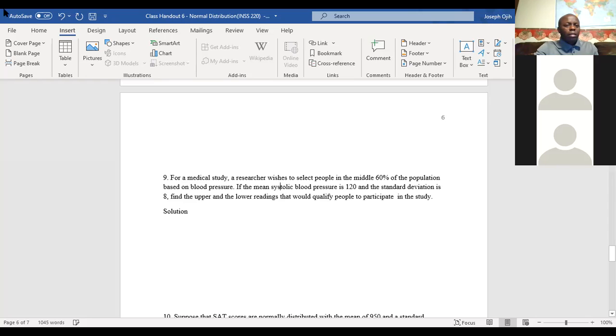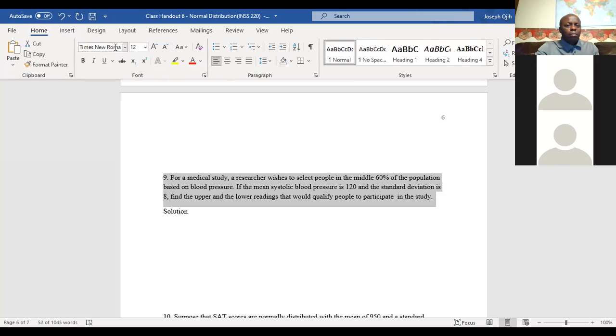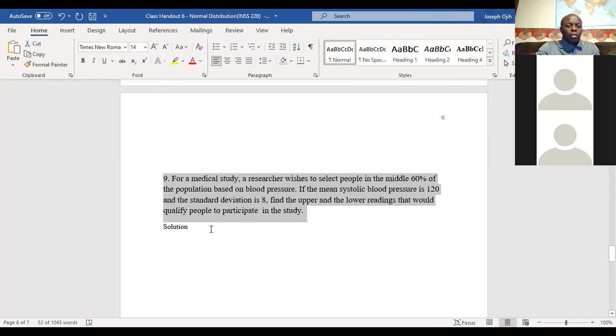If the mean systolic blood pressure is 120 and the standard deviation is 8, find the upper and lower readings that will qualify people to participate in the study.